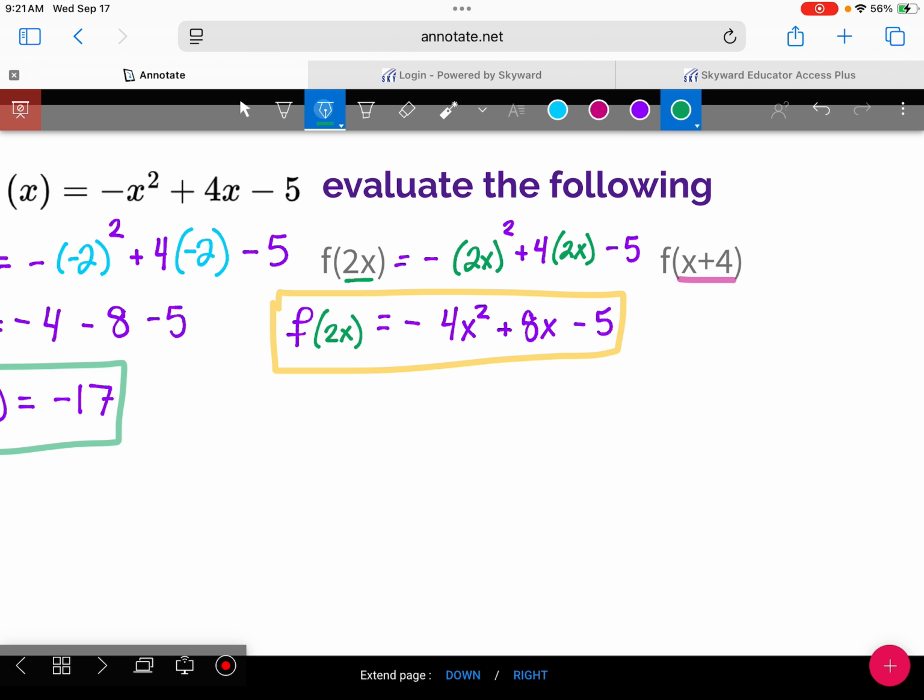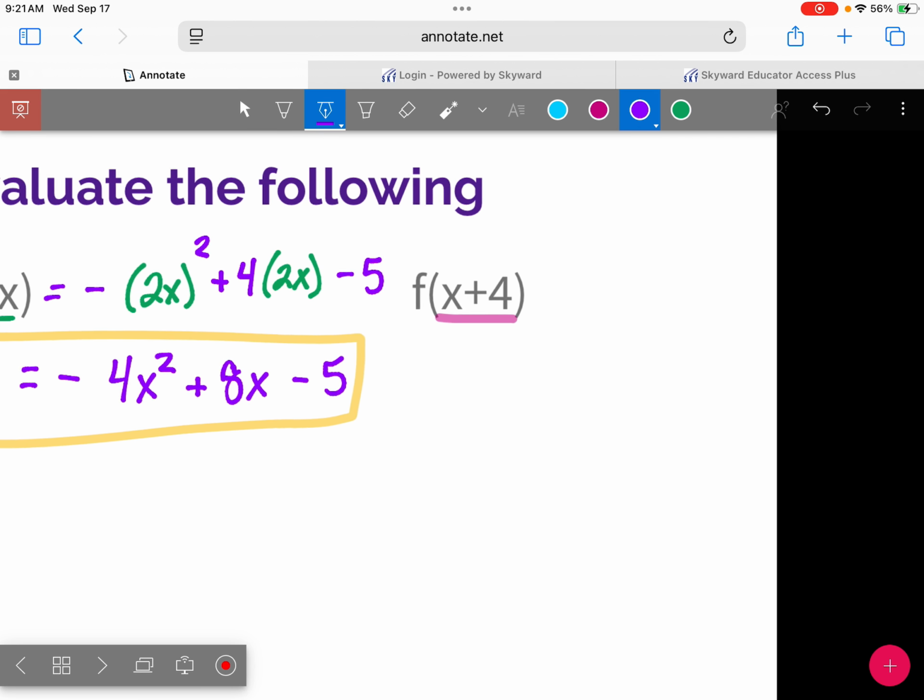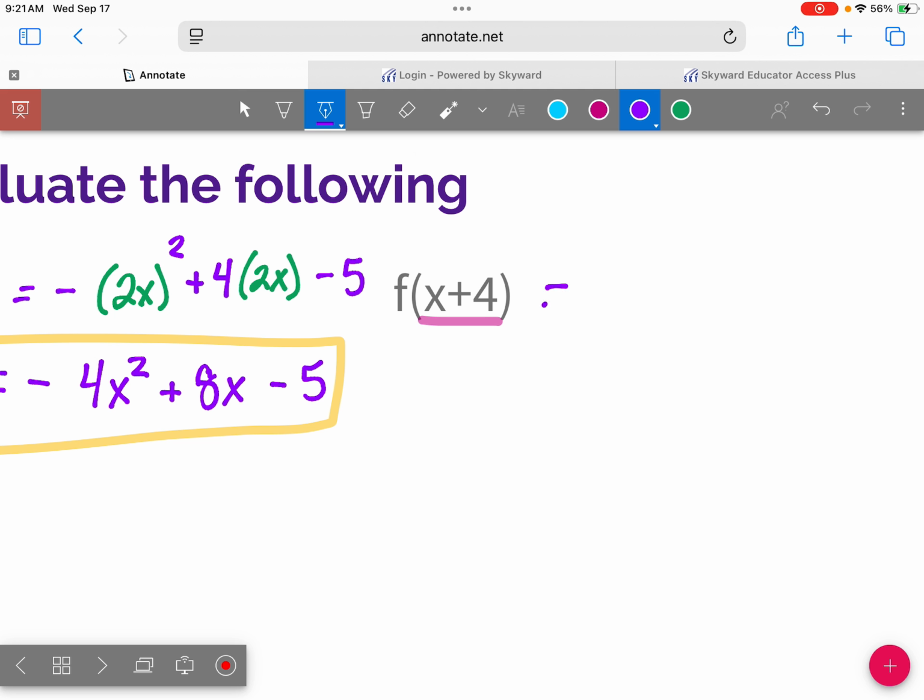This guy's going in place of x. So when we set this up, we're going to have our opposite of the x plus 4 squared plus 4 times our x plus 4, and then minus 5.